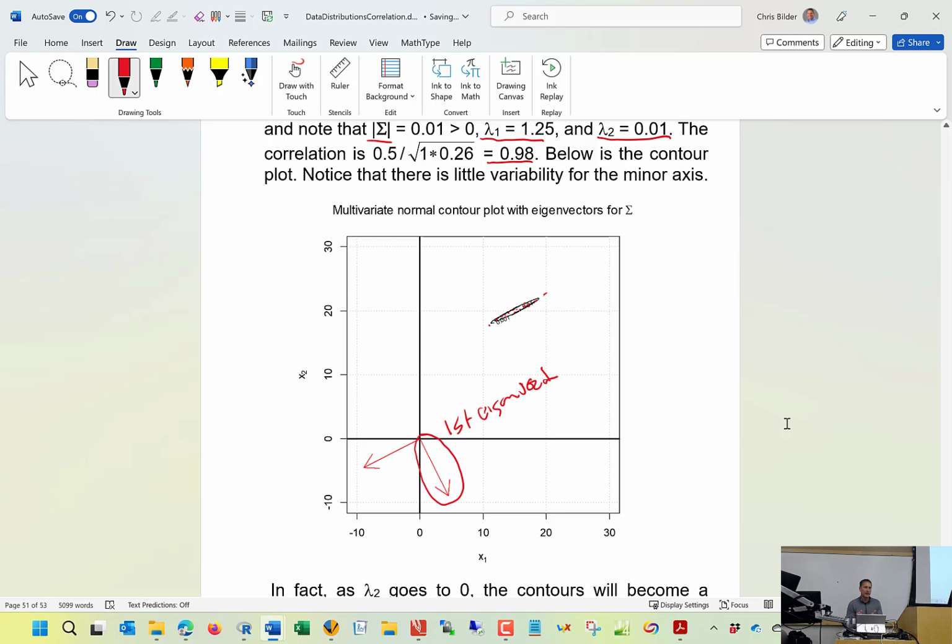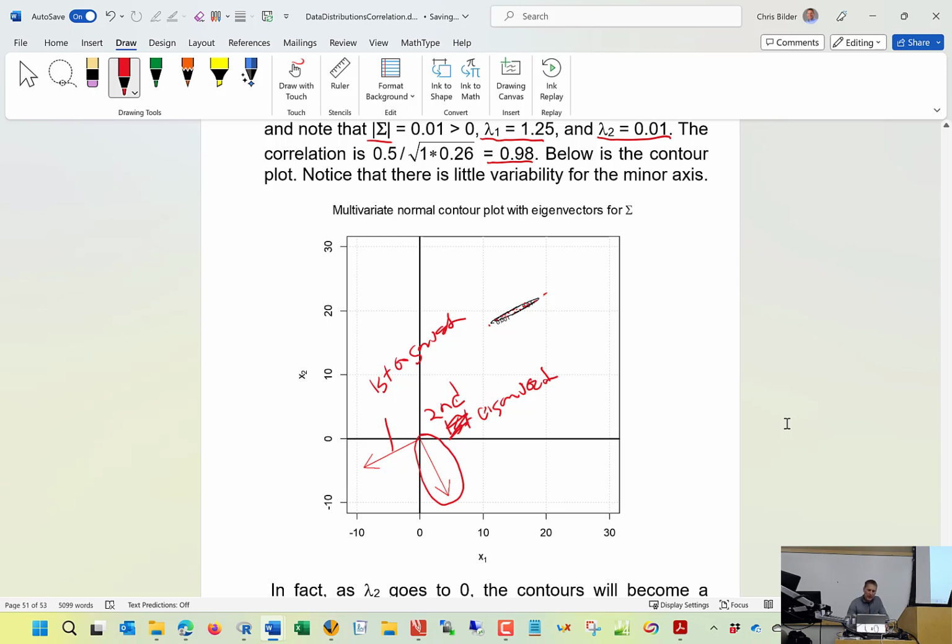If I multiply it by -1, it just flips things. That's all. This is for the second eigenvector, this is for the first. So there's nothing to worry about: the directions are flipped, but it's still pointing in the correct direction.